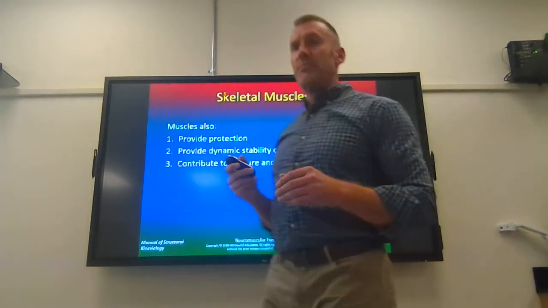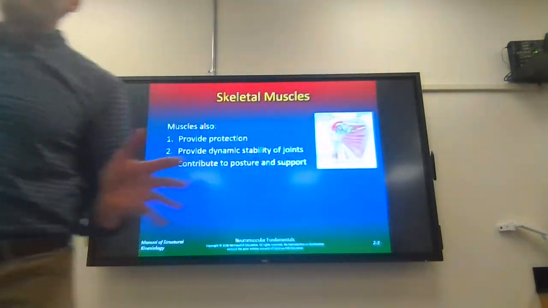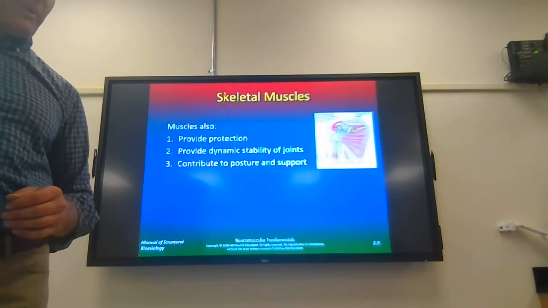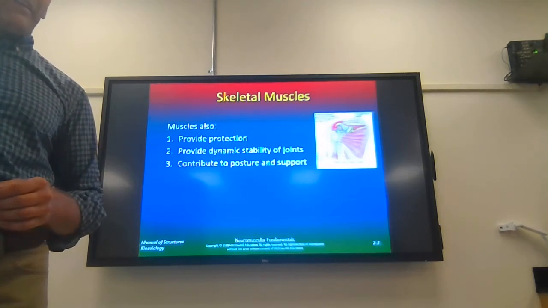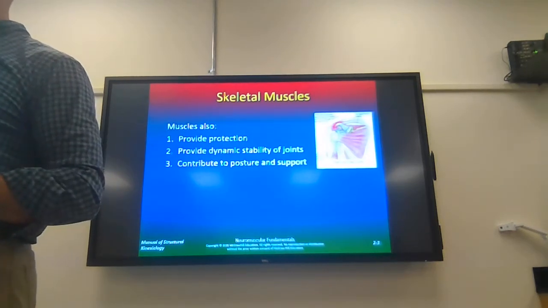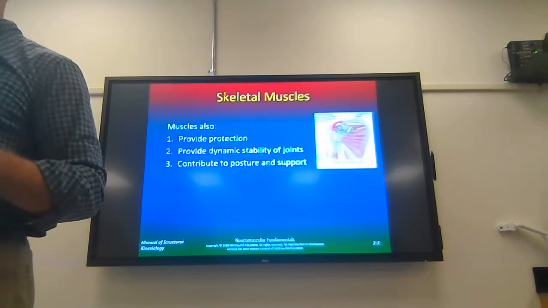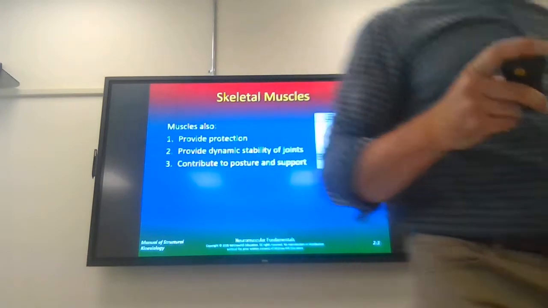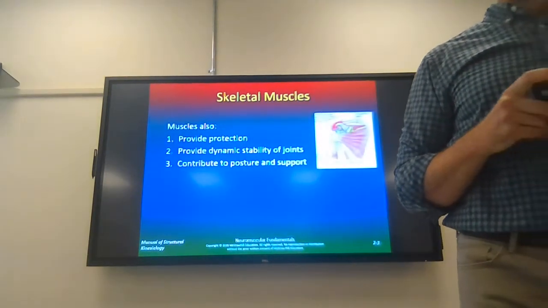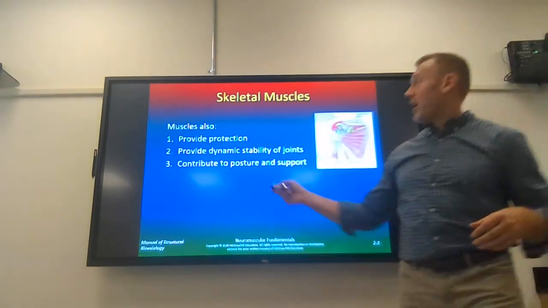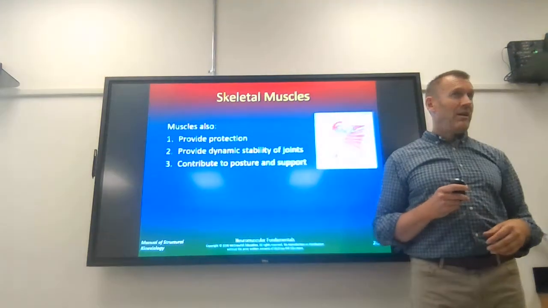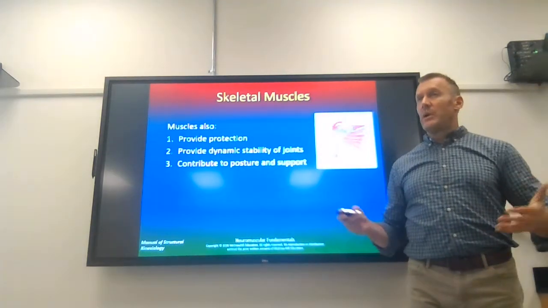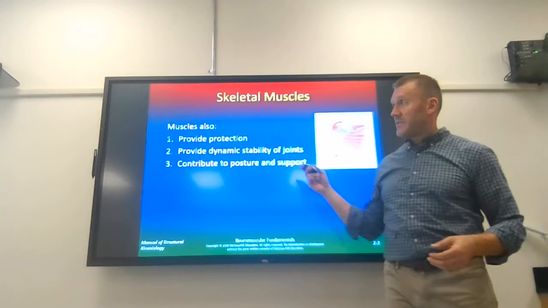Contribute to posture and support. So we did the first half of the FMS this week, and we looked at posture. We looked at alignment. And alignment was a big part of your score, wasn't it? Okay, so being able to have good posture in a static position as well as when we move, that's very important.